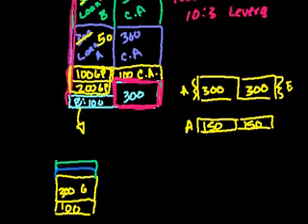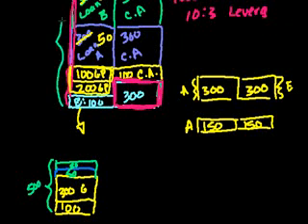So now what are my total assets? This is 50 and this is 50. So I have 100 plus 300 plus 50 plus 50, so I have 500 of assets, which is consistent with what I said, that our assets go down by 50%, because I had 1,000 of assets before.